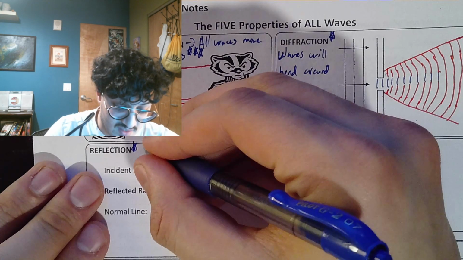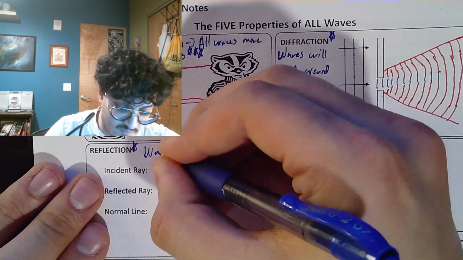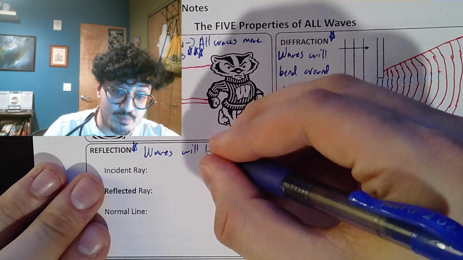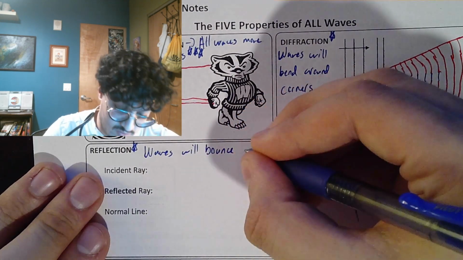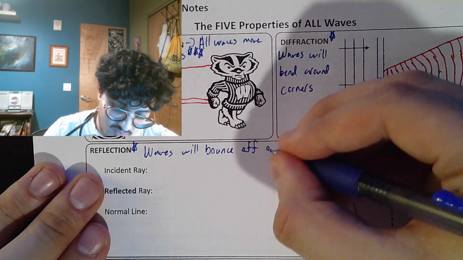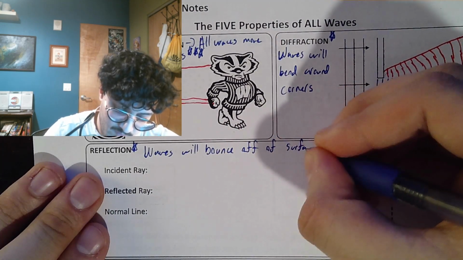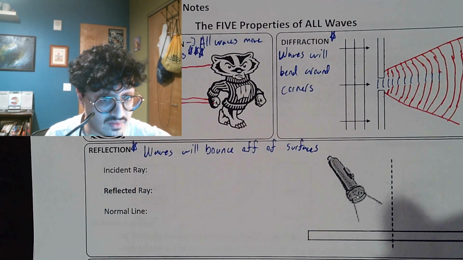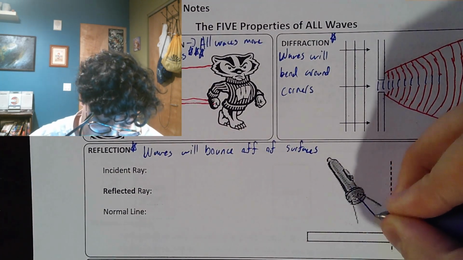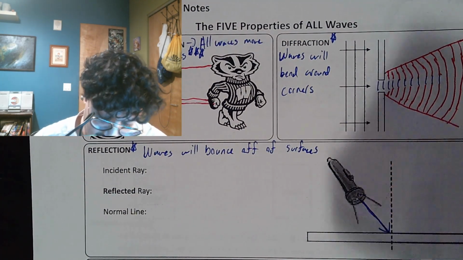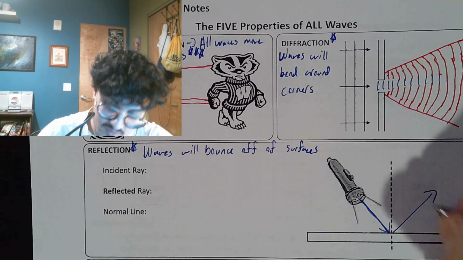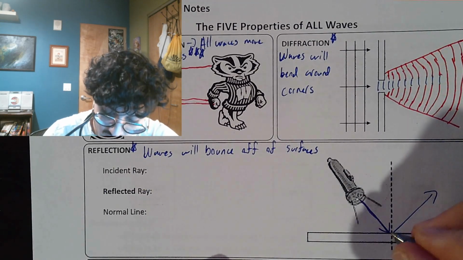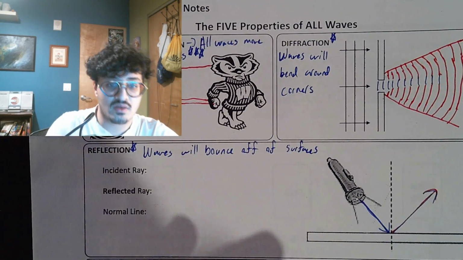Reflection is the fact that waves will bounce off of surfaces. When you have any sort of wave that's coming in to a place, like so, it will bounce off. And it'll go in a different direction. It will fly off of said wave.